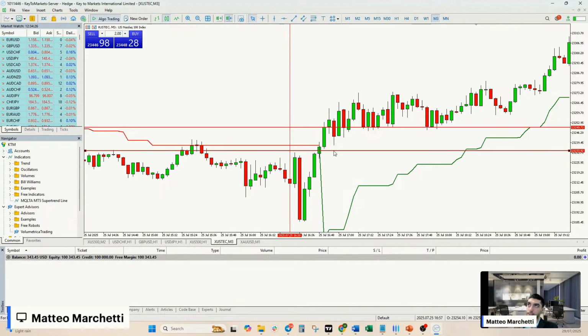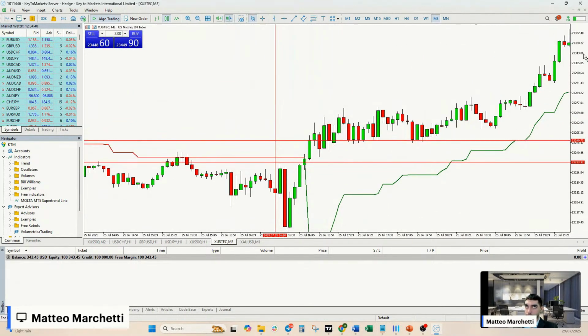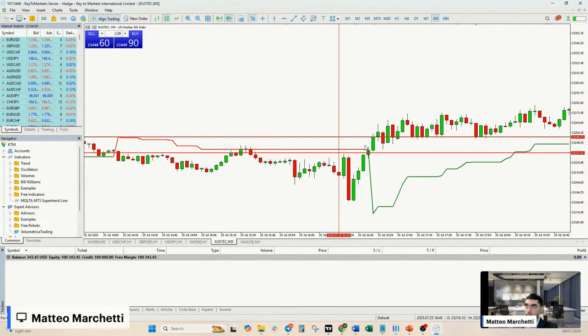The conservative way to place your stop loss is below the low, in this case, or above the high, of the bar that gives you the signal. So in this case, if I buy here at this level, I will place my stop loss down here. But the most important thing is not the stop loss, it's the take profit. Anyway, this is the more conservative way to place the stop loss.